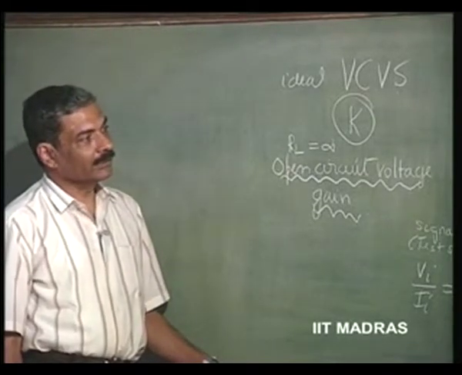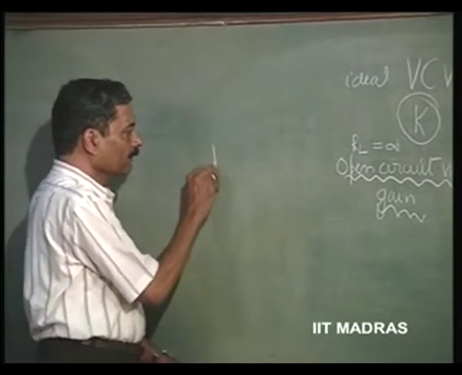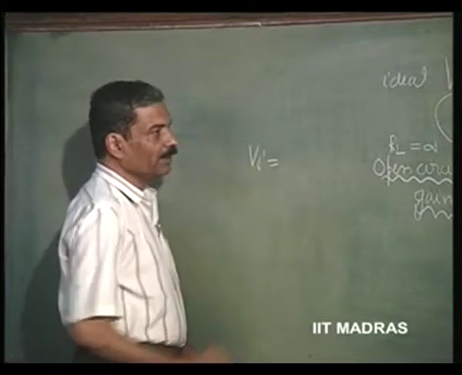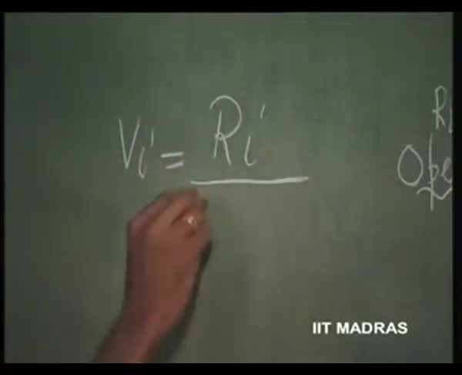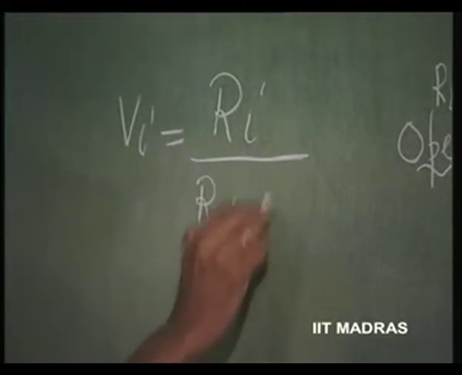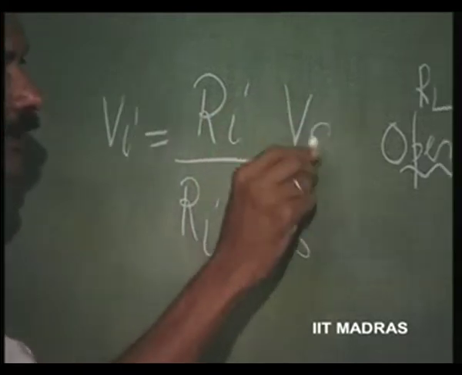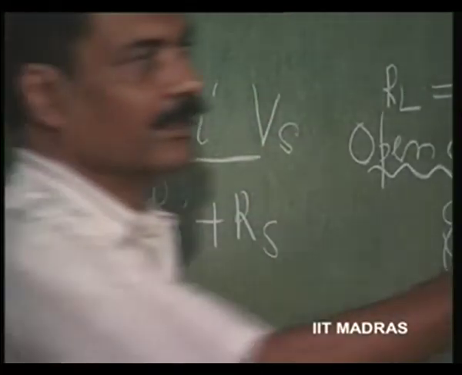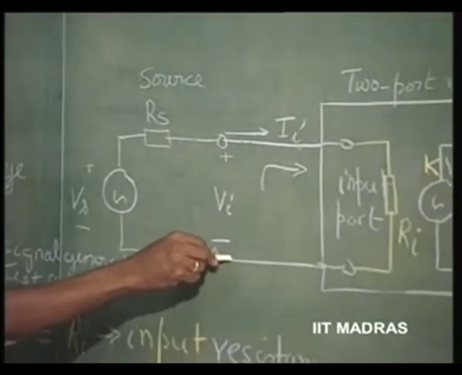Now, let us do the analysis here. VI is going to be equal to RI by RI plus RS in practice times VS. Look at this resistance, this is another resistance. So, it is going to get attenuated here.